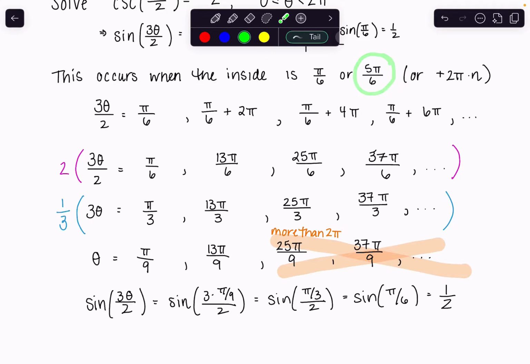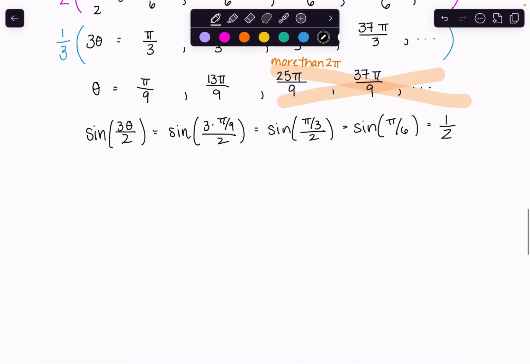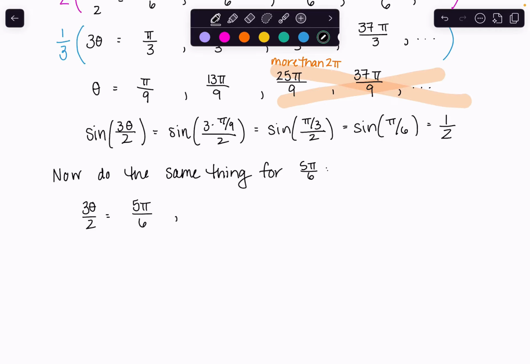Now I need to do the same thing for 5 pi over 6. So we need that inside argument to equal 5 pi over 6, or 1 revolution around, or another revolution around.